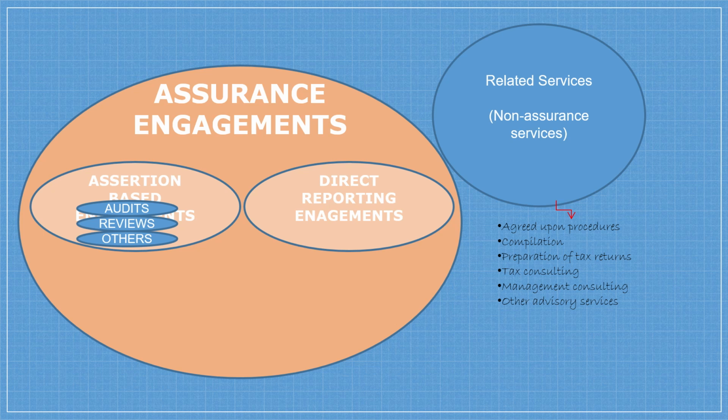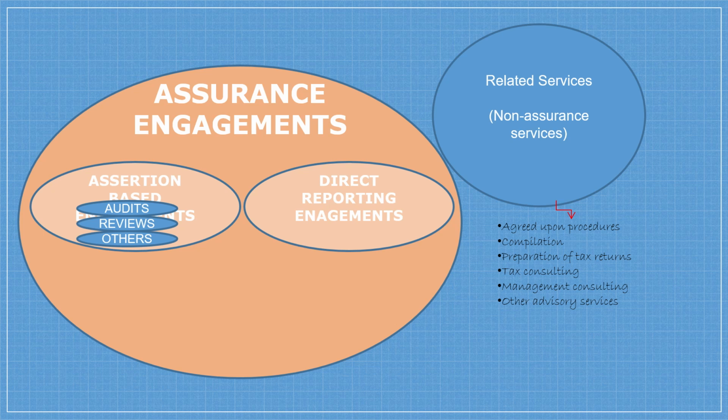There is no opinion, there is no conclusion. The readers or the users are free to make their own conclusion coming from the report of the practitioner. That's why agreed upon procedures are not assurance services, because they do not give any conclusion, they do not give any level of assurance.